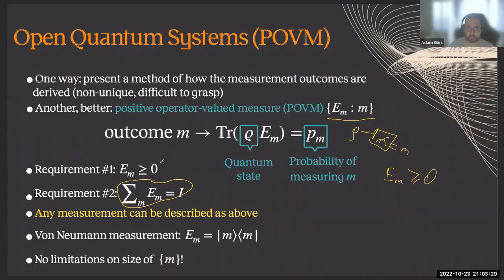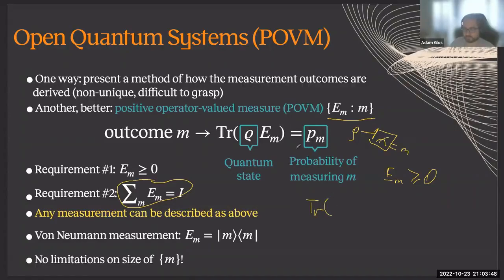So, why are these two constraints important? The first constraint is important to just make sure that this probability p_M is non-negative. Having negative or even complex probabilities would be strange, right?